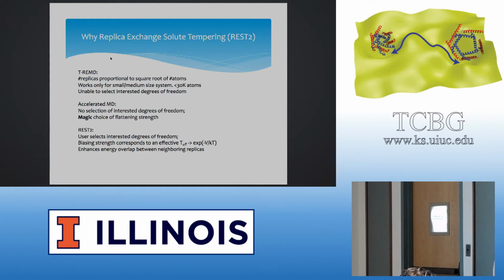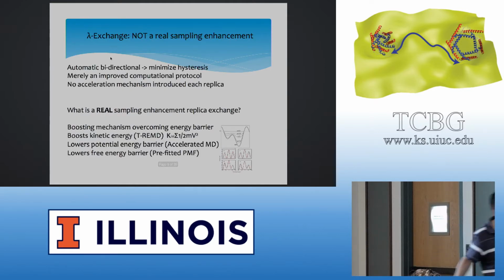And also another big problem, actually an even bigger problem, is you have to apply some magic choice of the flattening strength. Look at here. In NAMD or in other MD codes, when you use accelerated MD, this is the first biasing strength coefficient of accelerated MD. You need to set a parameter for that. But this parameter has no physical correspondence.